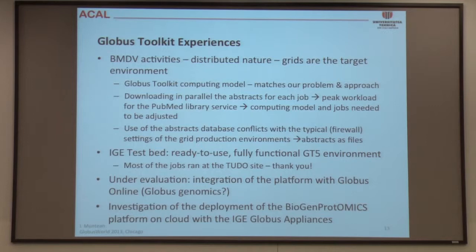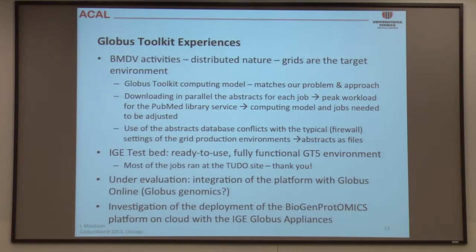They had to download, for instance, the abstracts for each job from the PubMed database, which imposes a huge workload on the PubMed library service that is actively in use. And so the computing model and the jobs needed to be adjusted in order to have such a flow control in there.